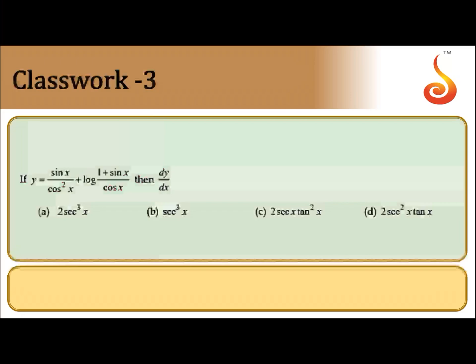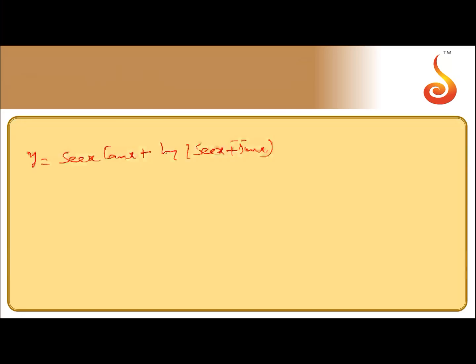Now dy by dx is equal to how much? The derivative of secant x multiplied by tan x: derivative of tan x is secant square x, and derivative of secant x is secant x tan x. So you'll get secant x multiplied by tan square x.